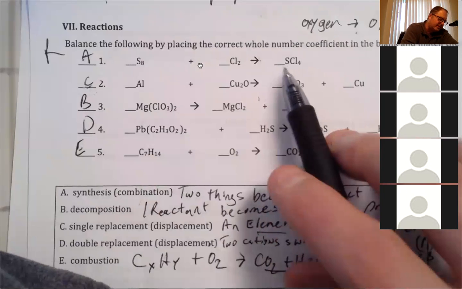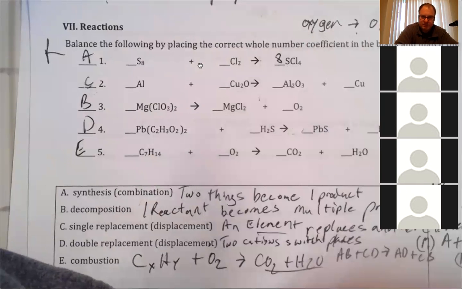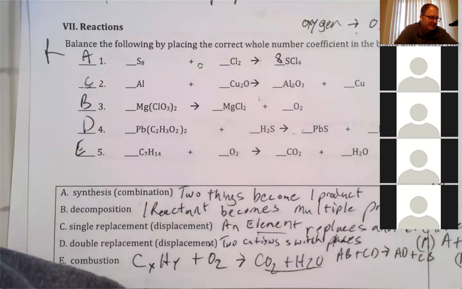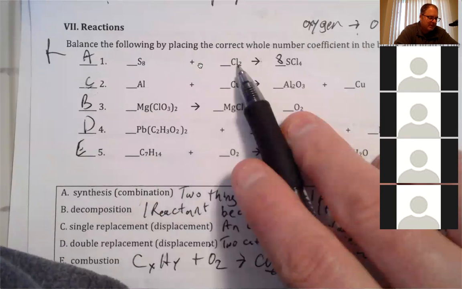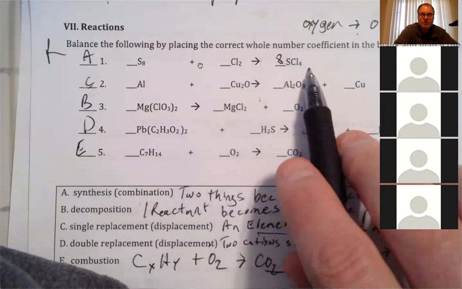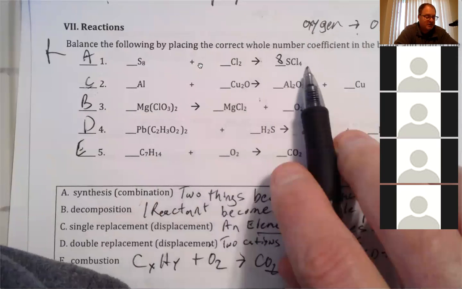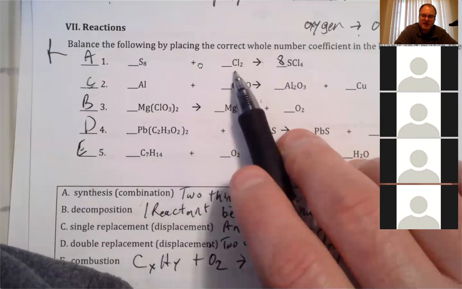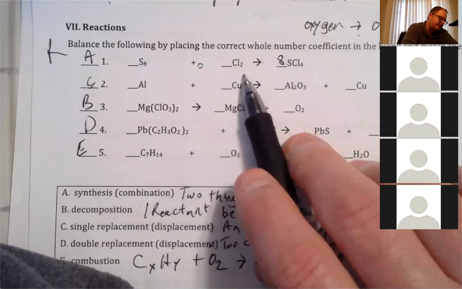So we need to multiply that 1 sulfur by 8. Well, that screws up our chlorides. Here we have 2, and here we have 8 times 4, which is 32. So now we need 32 chlorides on this side. And how do we make 32? We multiply 2 by 16.